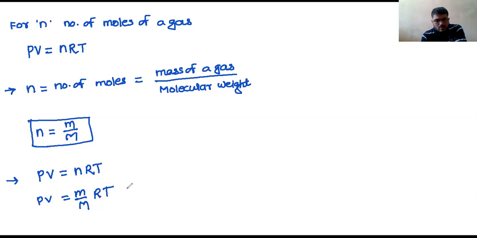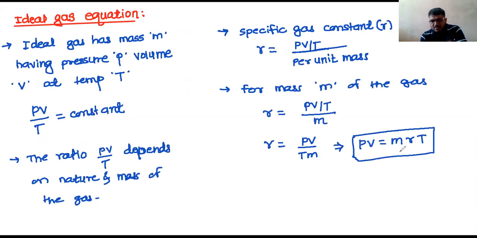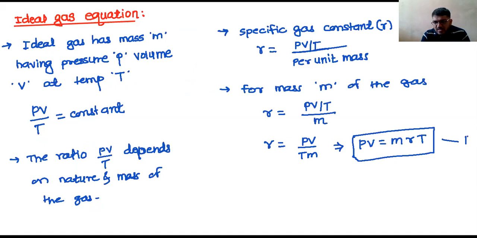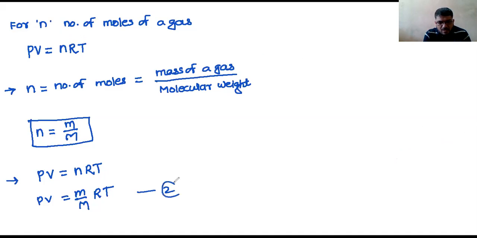Now, in the previous case, we got one equation that is PV is equal to mRT, right? And in this case, we got PV is equal to m by M into RT. Let's assume that this is your equation number 1 and this one is your equation number 2. Okay, clear?